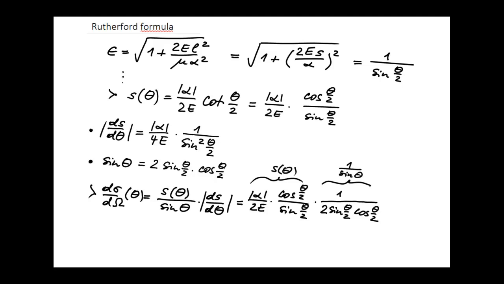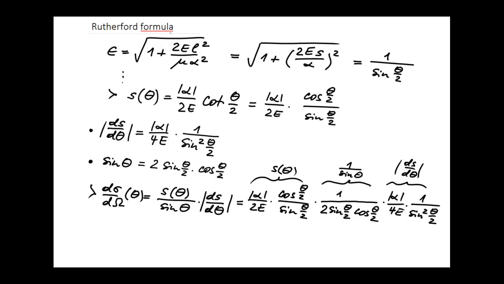And finally, we need the absolute value of the derivative. And that is absolute value of alpha over 4E times 1 over sine squared theta over 2. So this here, that is ds over d theta.